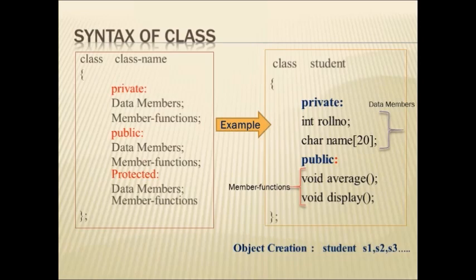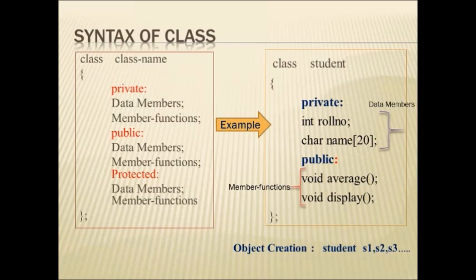If you are declaring your member variables or data members without mentioning any specifier, by default the variables are private in a class. So this is the structure of a class. How the objects are created, already you know. The objects are created by using the syntax class name, object names.